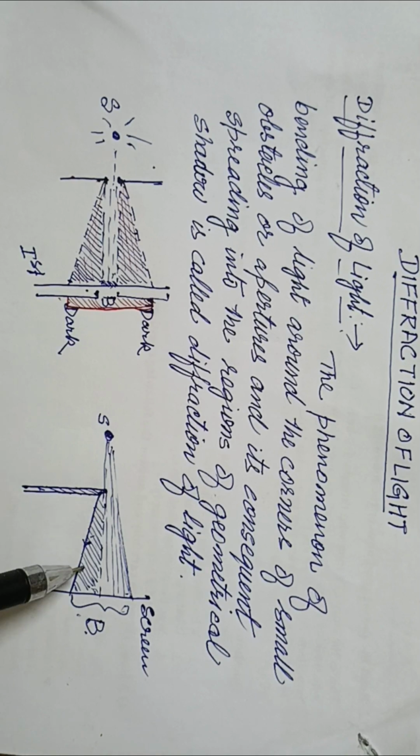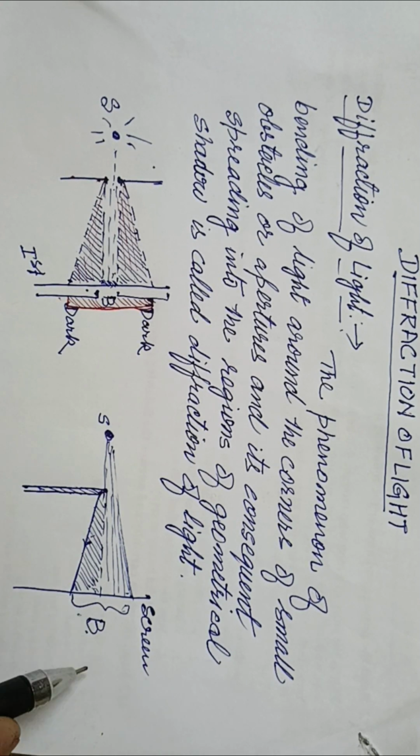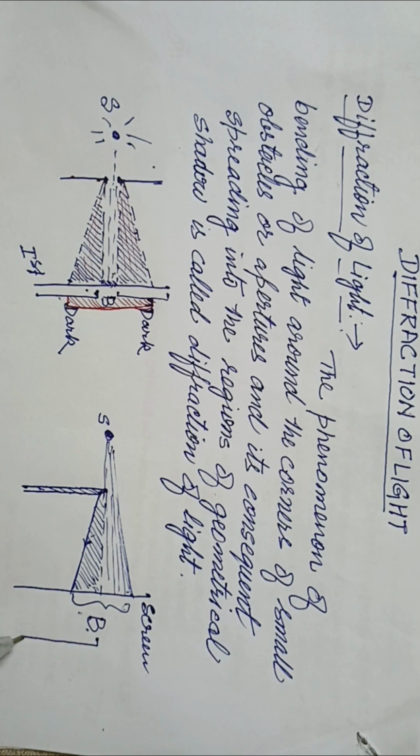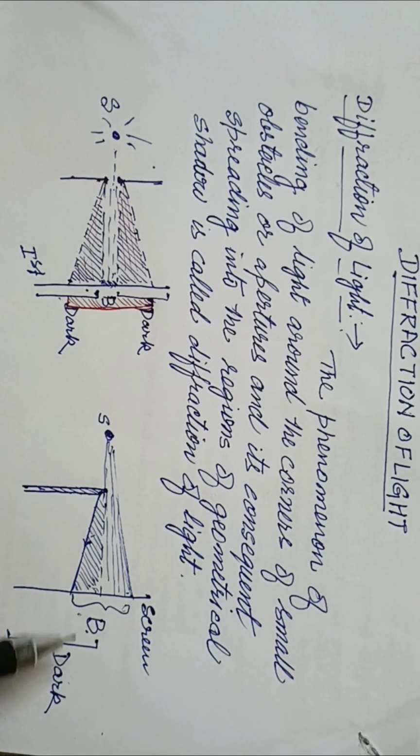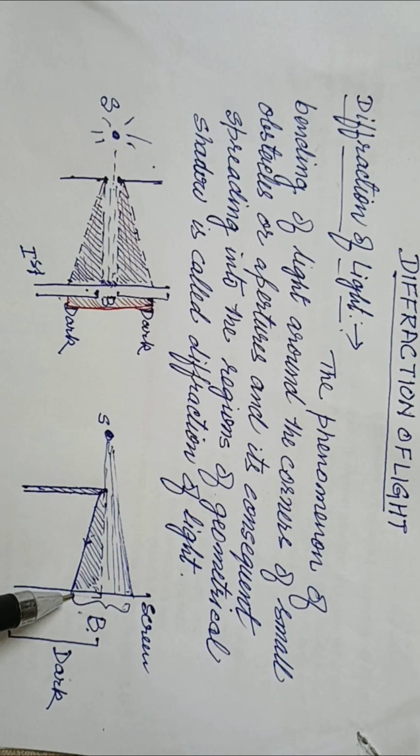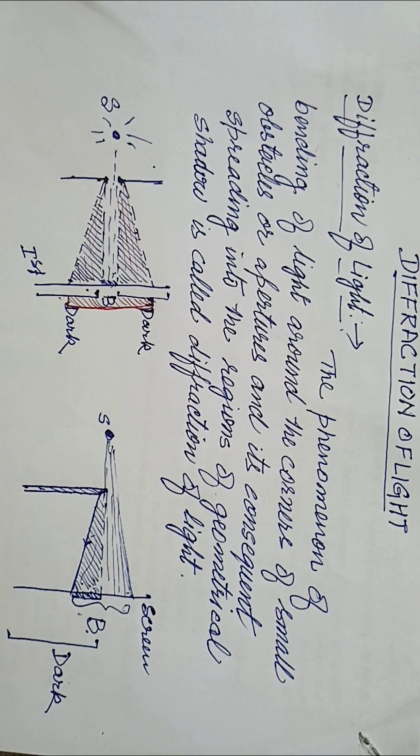So this is the phenomena of diffraction, because light is entering through this side also, where we actually think this portion should be dark, but in this darker region also the light is entering. So this phenomena is the diffraction.